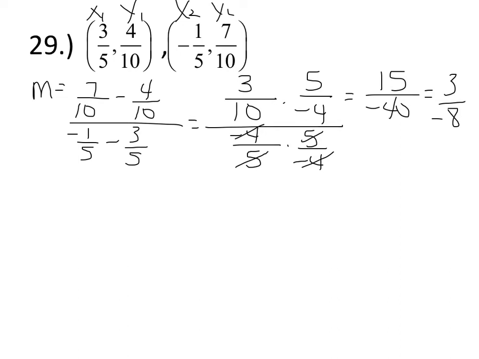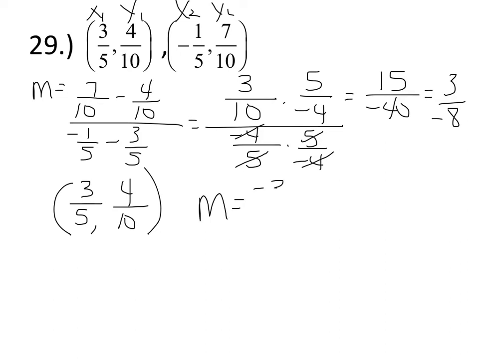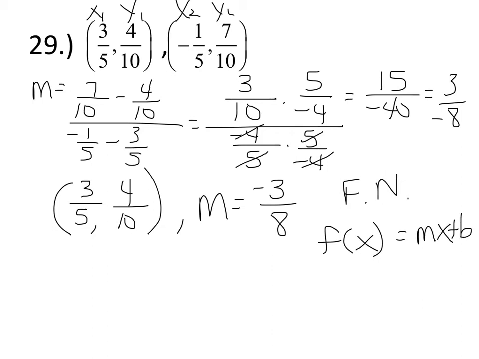Now, the point you're going to want to use is 3/5 and 4/10 because it's both positives, and your slope is going to be negative 3/8, and they want it in function notation, which is f of x is equal to mx plus b.